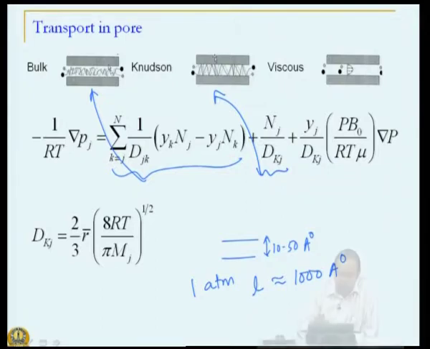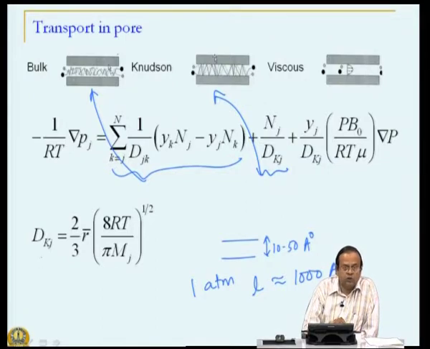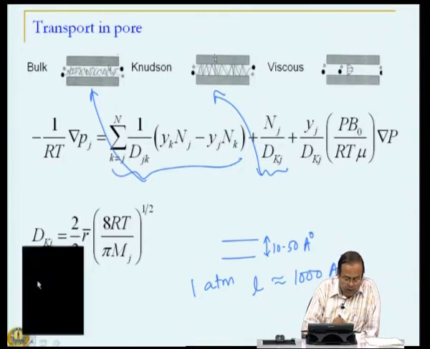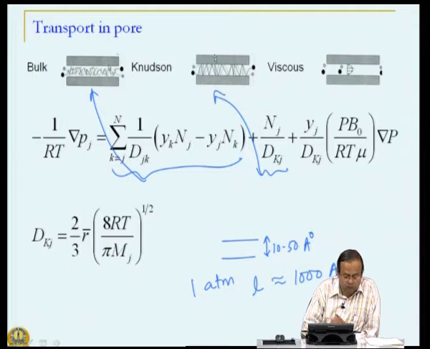And the Knudsen diffusion is characterized by the Knudsen diffusion coefficient, which is given by this formula over here, and this tells us that it depends on the size of the pore R bar, depends on the temperature, and depends on the molecular weight of the species.